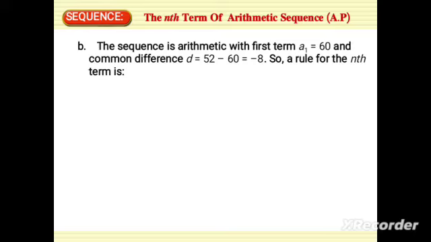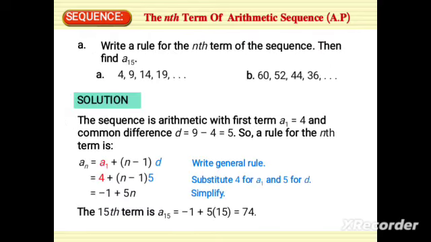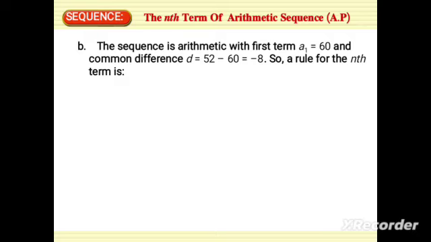Moving to part B, the sequence is arithmetic with the first term 60, and the common difference, of course, we do the subtraction. It is 52 minus 60, that is negative 8. 44 minus 52, that is negative 8 again. 36 minus 44, still negative 8. So we can write down the nth term, and we have a plus (n minus 1) times d.